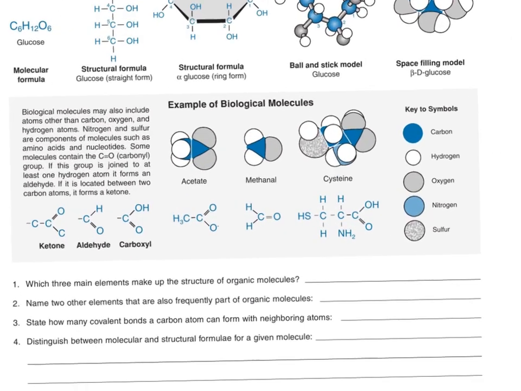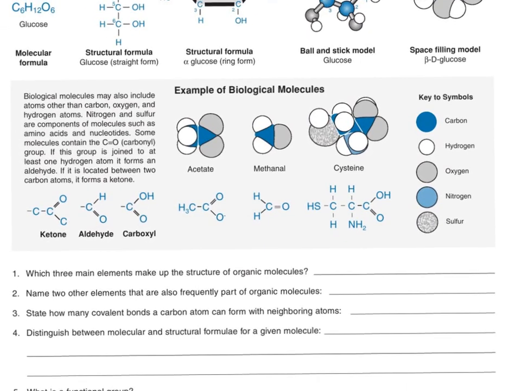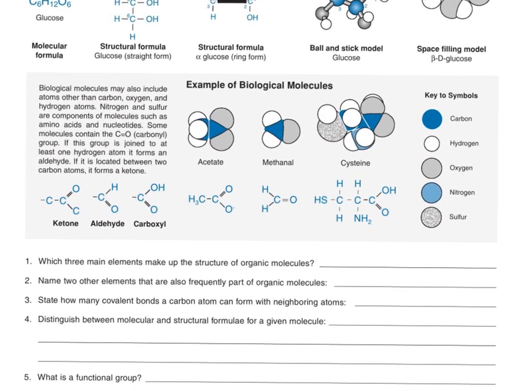There are different functional groups, but you don't need to memorize them, just know that they exist. It used to be that we had students memorize these, but we find that they get overwhelmed by this. So let's not get overwhelmed. Just know that each functional group gives a molecule a different property.